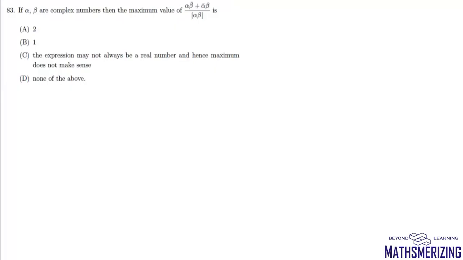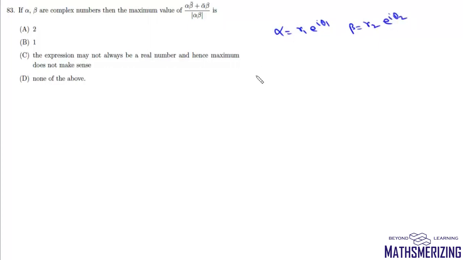Now question number 83 is, if alpha and beta are complex numbers, then the maximum value of (alpha beta bar plus alpha bar beta) upon mod alpha into beta is. Now we'll say let alpha be r1 into e to the power iota theta 1 and beta be r2 into e to the power iota theta 2.